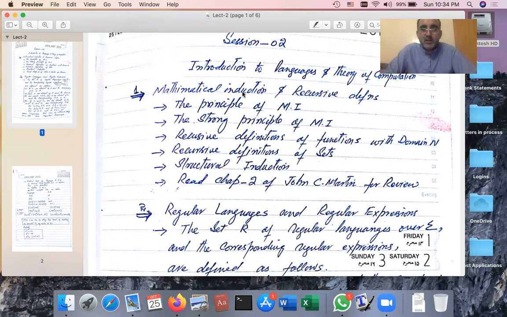We had seen mathematical induction and recursive definitions in chapter 1 that I hope you have read from the textbook. In chapter 1, there was the principle of mathematical induction, then the strong principle of mathematical induction, and some recursive definitions of different functions with respect to some domain, and recursive definitions of sets, and then structural induction.